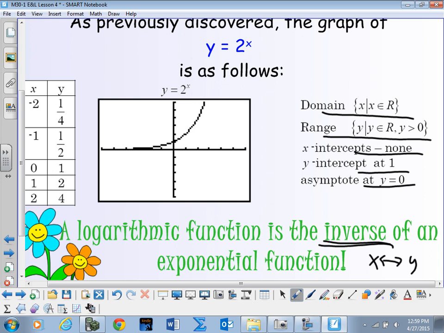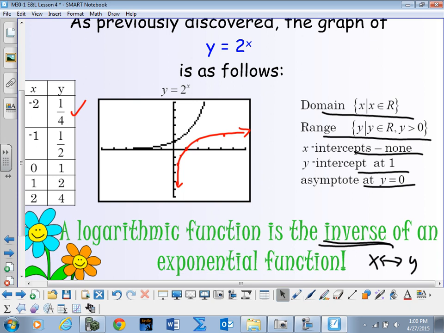So if I was to graph (1/4, -2), (1/2, -1), (1, 0), (2, 1), and (4, 2), I have a graph that looks like this. And that's exactly what a logarithmic function looks like.